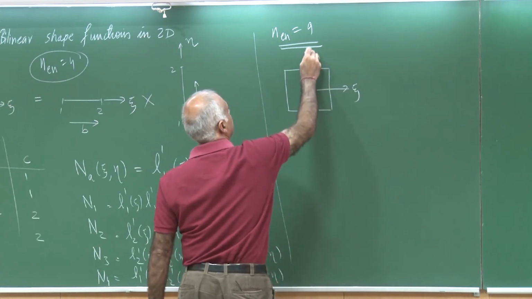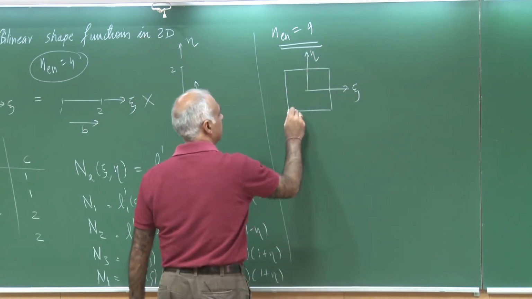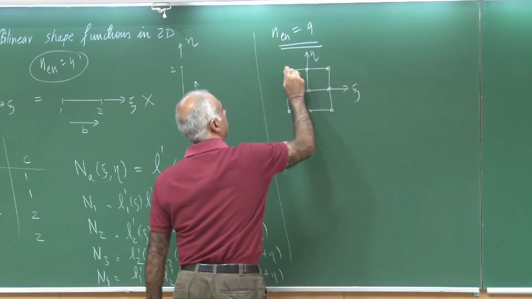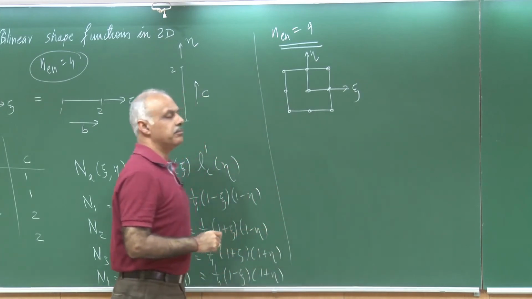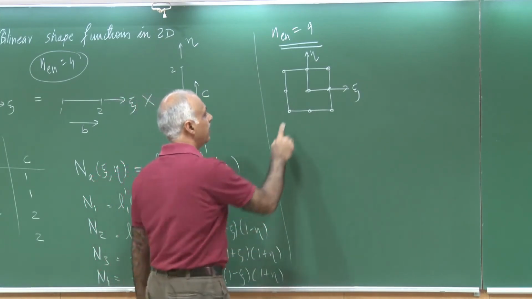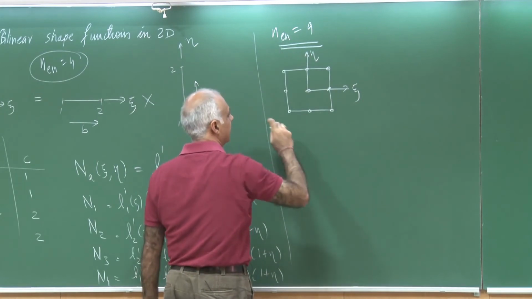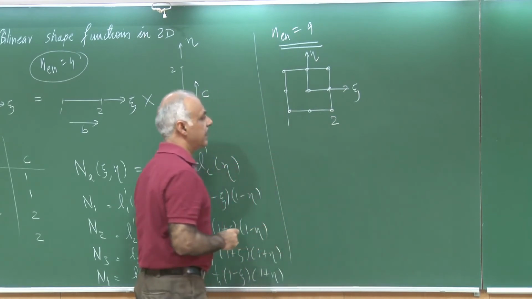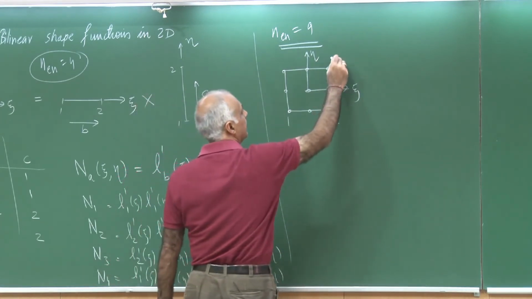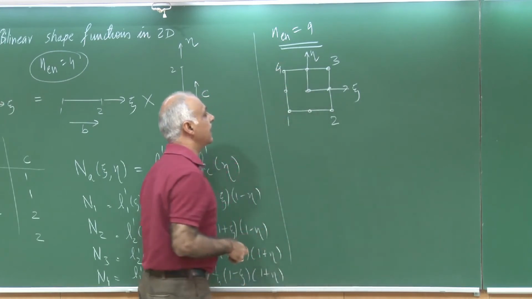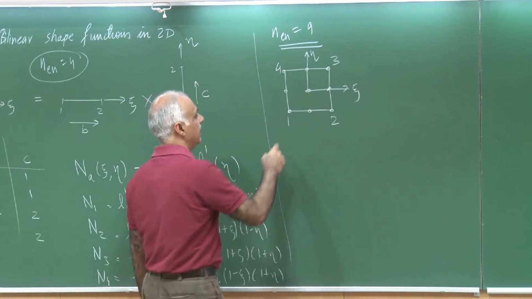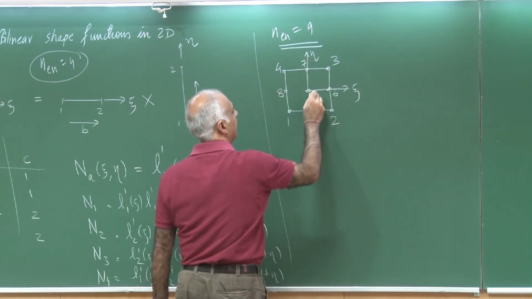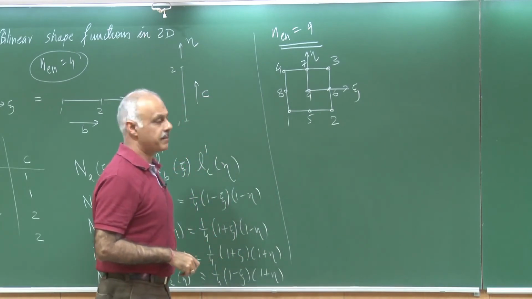This is my xi direction, this is my eta direction, and these are going to be my nodes now, because I am interested in biquadratic. So, I have 9 nodes, so that is why NEN is 9, and let me number them in a slightly creative way. So, I will still look at my corner nodes as 1 through 4, and these I will number as 5, 6, 7, 8, and finally the internal one as 9.